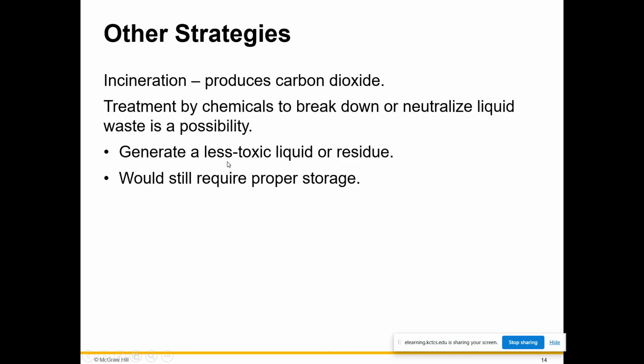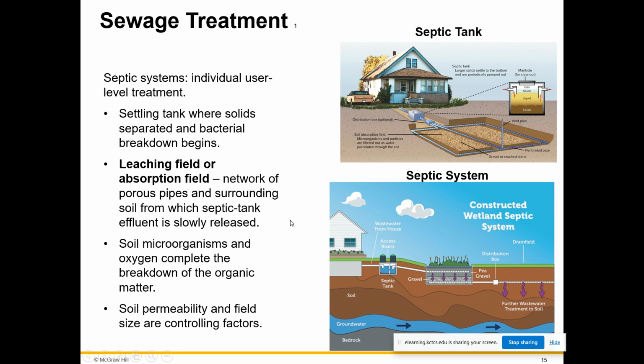Sewage treatment. Okay. Septic systems. So this is what happens in your backyard if you're not tied to the city sewage system. It uses a leaching field. And really the concept behind this is that the bacteria and things in the soil will naturally remove all of the yuck in your sewage waste.